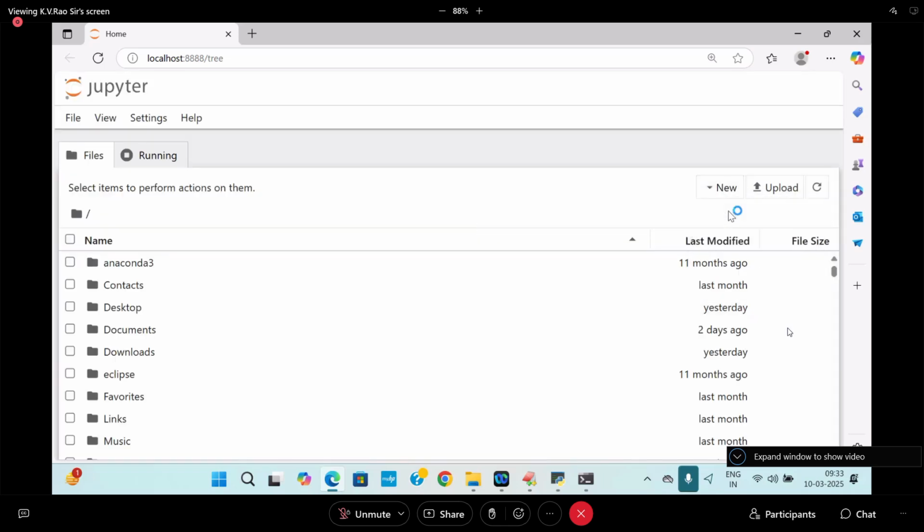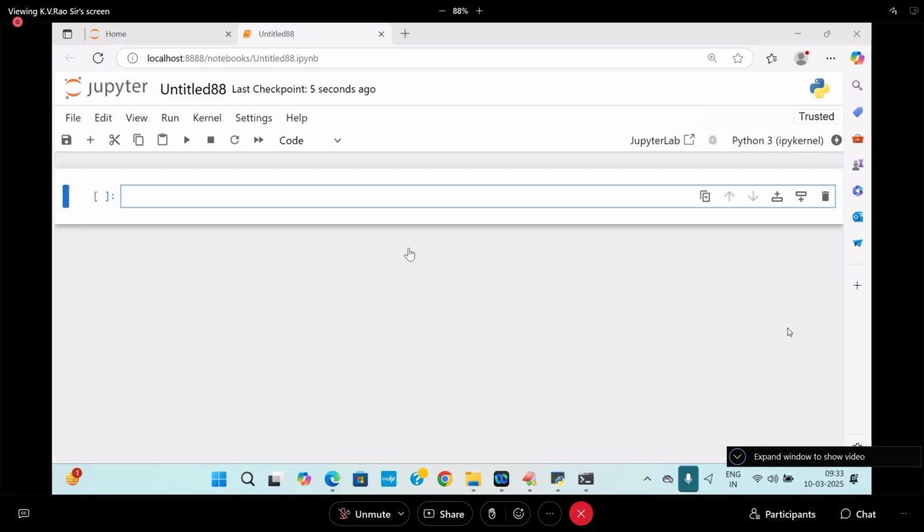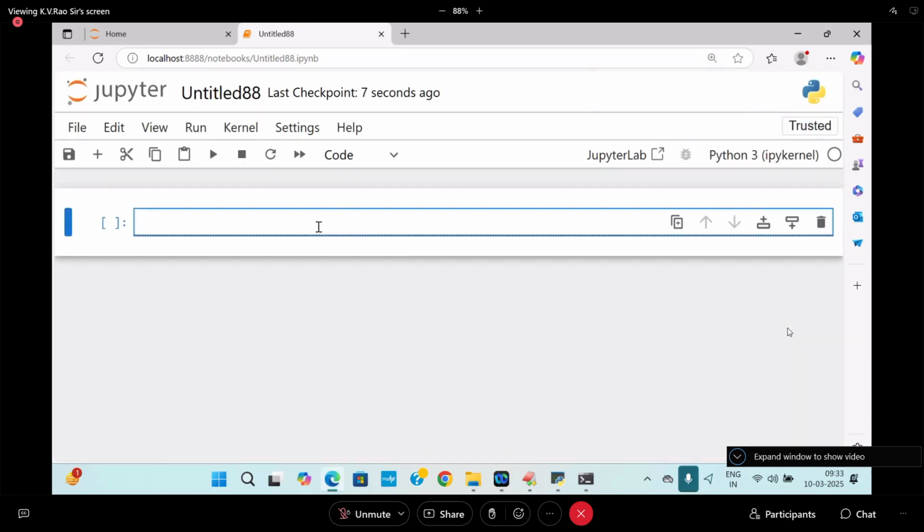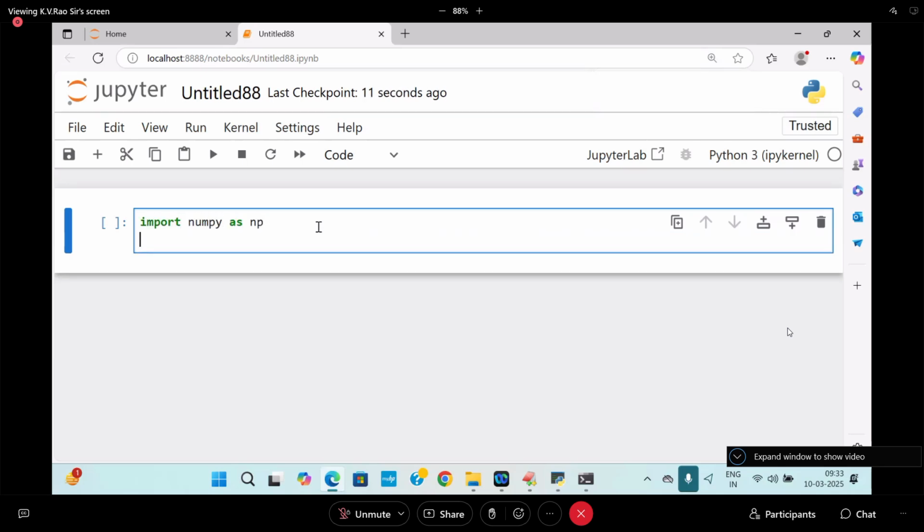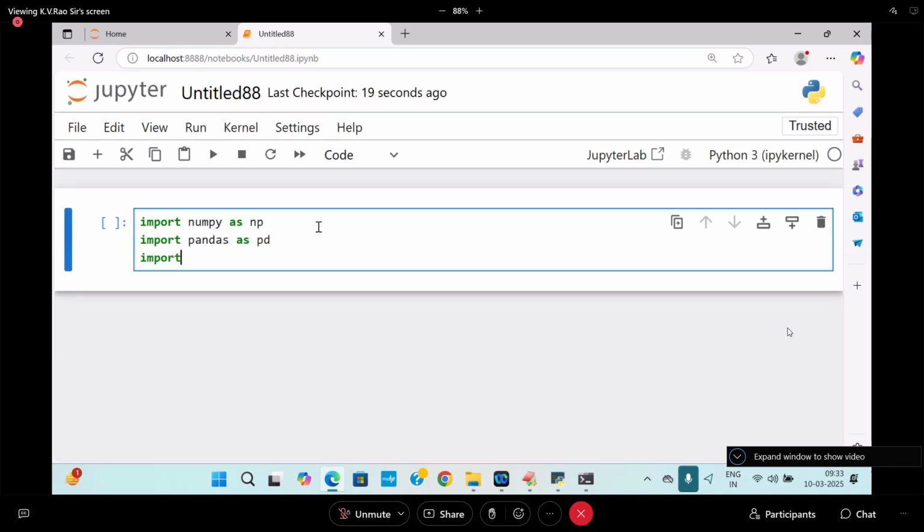Okay, let us go to the place. Import numpy as np. Next, import pandas as pd, if anything is required. Import matplotlib.pyplot as plt.